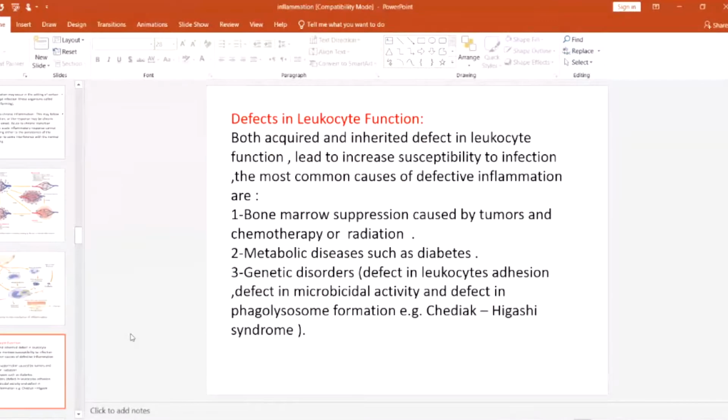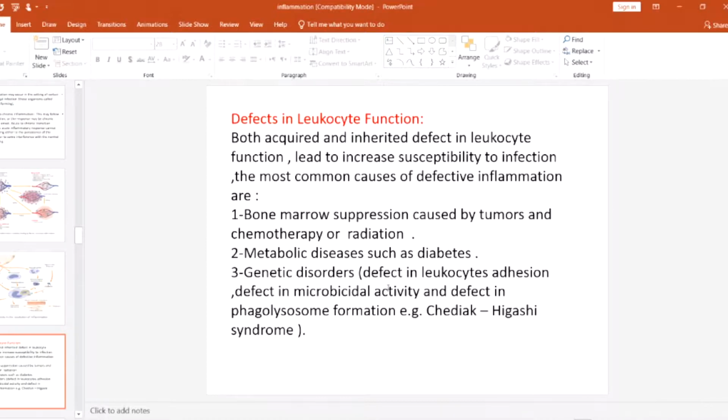Now what are the causes that lead to defect in leukocyte function, meaning the white blood cell function will be abnormal? When there is bone marrow illness, like tumor, chemotherapy, radiation, or any chronic illness, for example diabetic patients, or a genetic disorder.